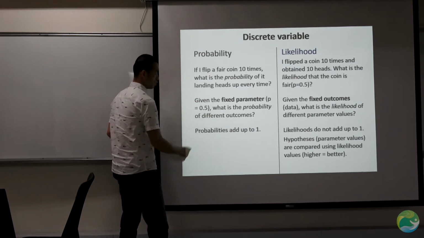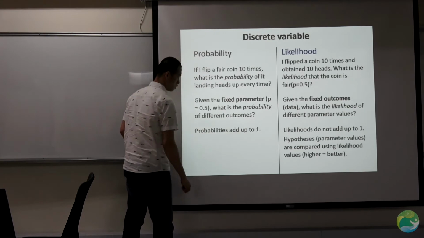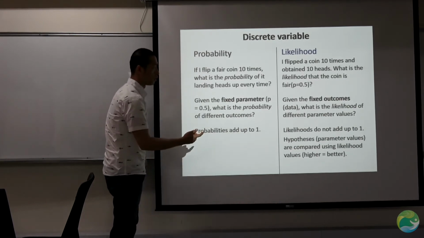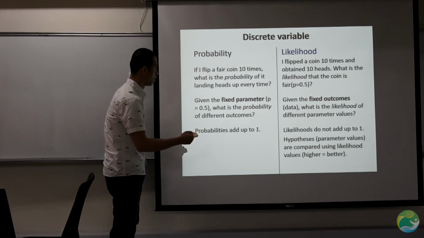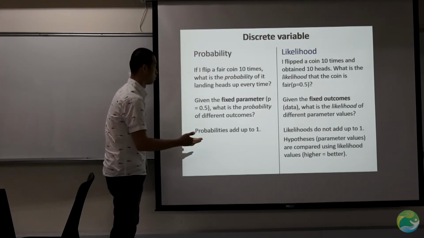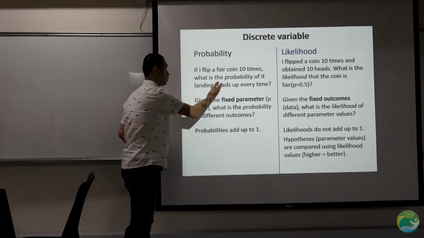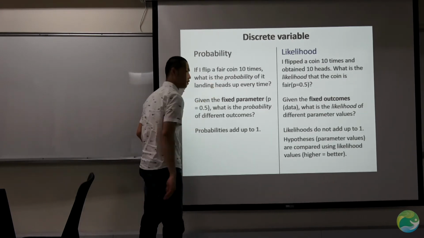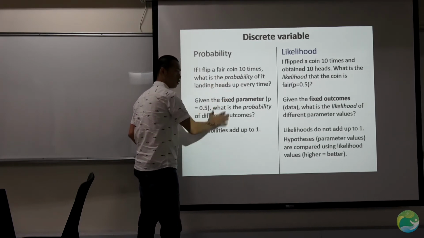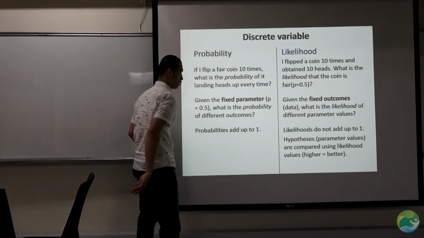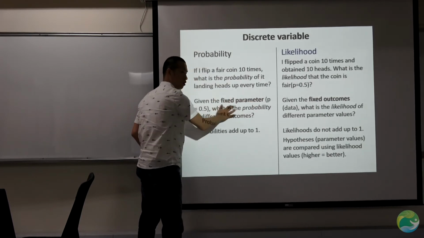So what is the probability of different outcomes? The probability of heads up is 0.5, the probability of tails is 0.5. And if we flip 10 times, what is heads up 1 time, heads up 2 times? We can know the probability if we know the fixed parameter.